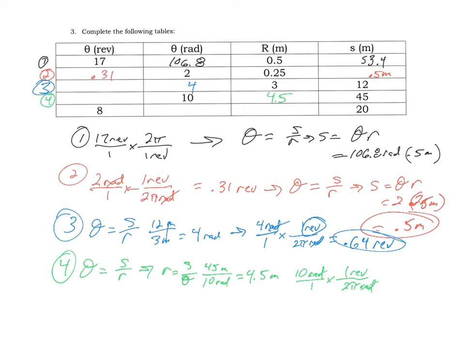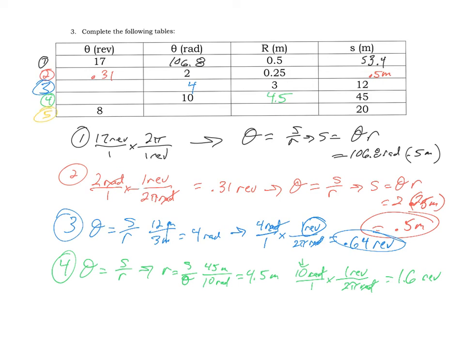Radians goes bye-bye, and again, I always do the bottom first, 2 pi, and then 10 divided by answer, and I get 1.6 revolutions, which makes sense because 6 radians is 1 revolution. I have 10, so it has to go around more than 1. So 1.6 is past the 1.5. So yeah, that's right.